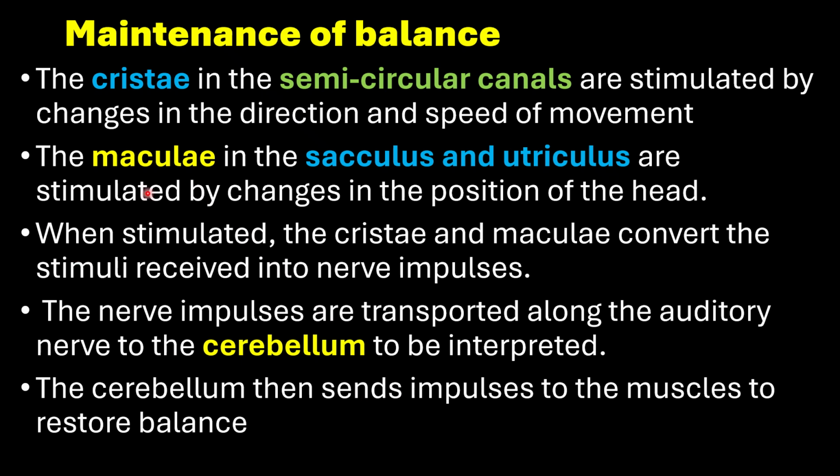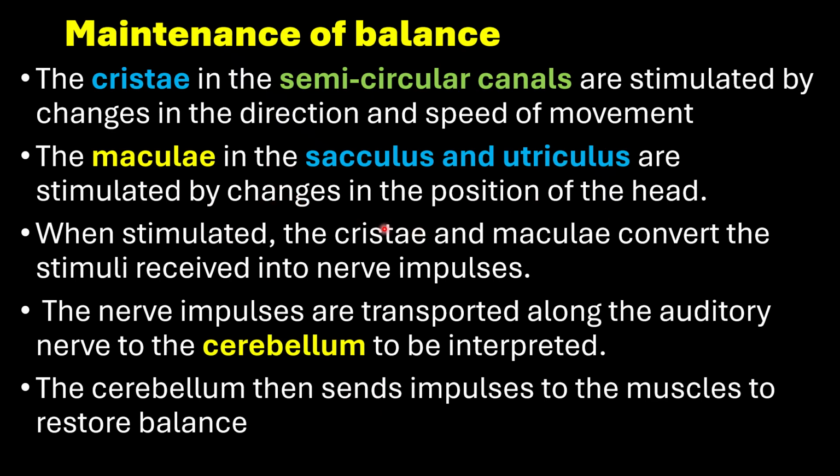Know the functions of the cristae, which is involved in the direction and speed of movement. Know also the location, because the cristae is in the semicircular canals. Maculae is also involved in balance, but it is actually located in the sacculus and utriculus, and it is involved in changes in the position of the head.